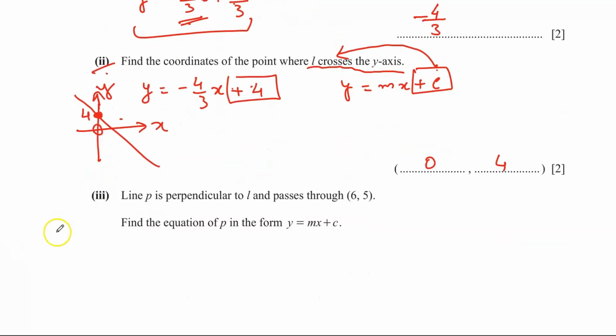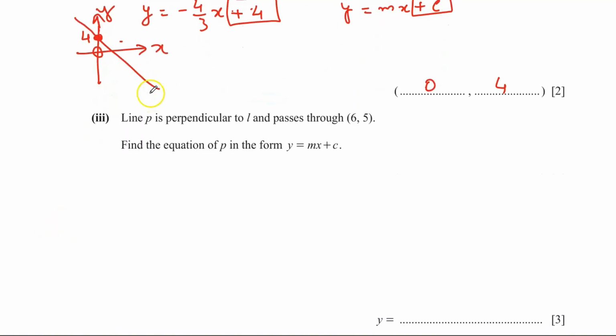Number 3, line P is perpendicular to L and passes through (6, 5). Find the equation of P in the form y equal to mx plus c. So first of all, the gradient of line L is negative 4 over 3, and we need to find the perpendicular gradient.